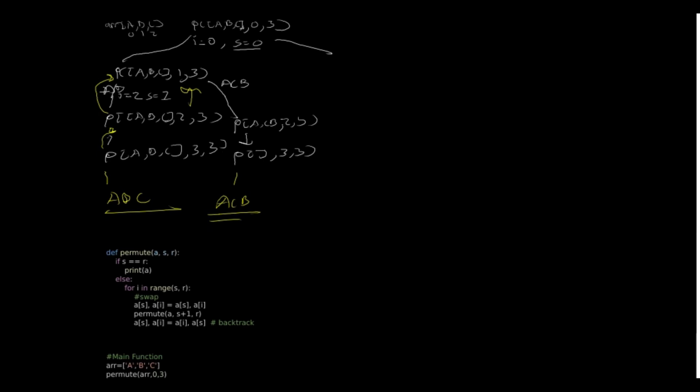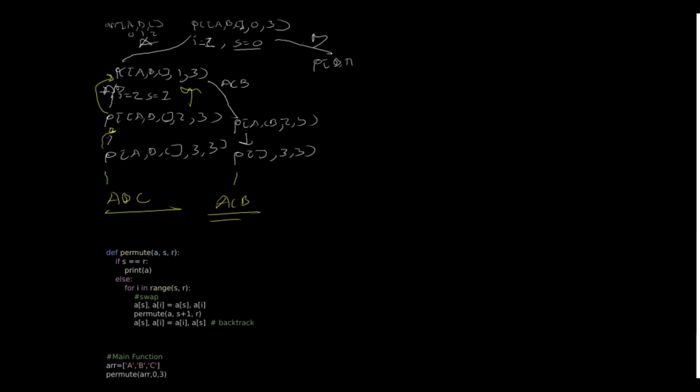Let's do this quickly. We're back here in the main recursive call, and I is now 1. We now do the swap. Here it's A, B. If you look in the code, we do the swap.